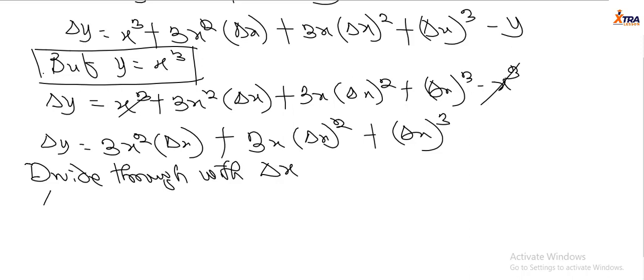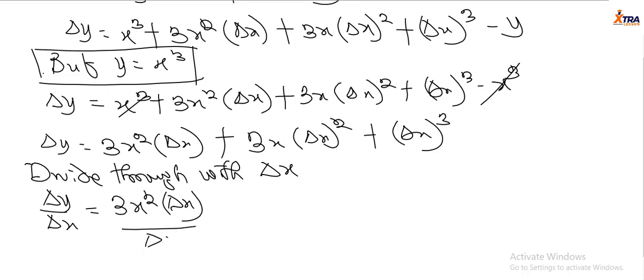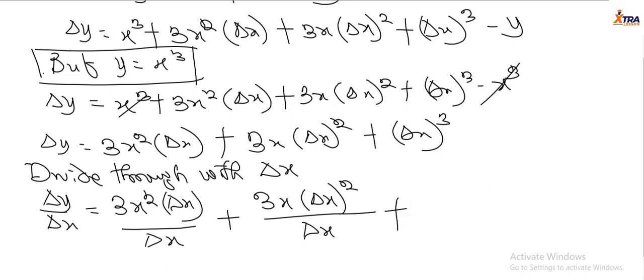So we're having delta y over delta x equals 3x squared delta x over delta x, plus 3x delta x all squared over delta x, plus delta x all to the power 3 over delta x.